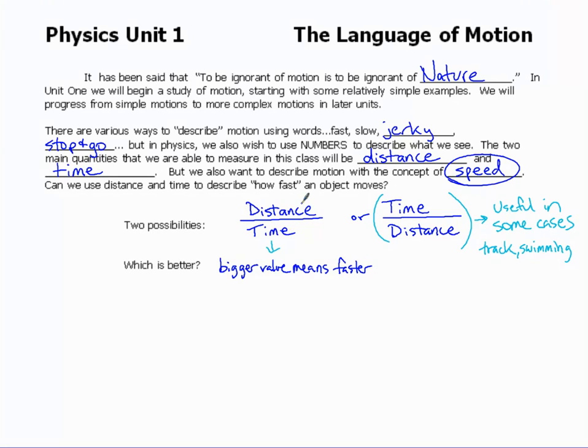If I went 4 miles in an hour, the number is twice as large. A bigger number means I was moving faster. If you look back at your time over distance, smaller number is faster. If you run an 8-minute mile, the person who runs a 6-minute mile will beat you. And this one, a smaller time, smaller number is faster.